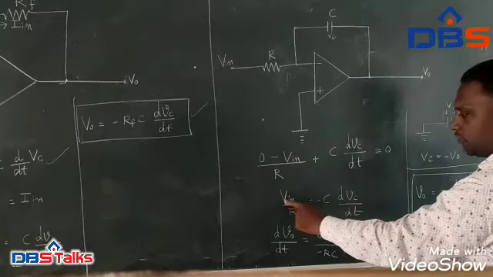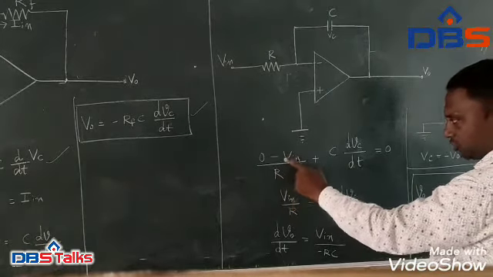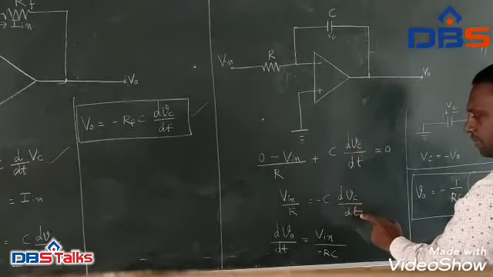So from this we can write Vin by R is equal to minus C dVc by dt.